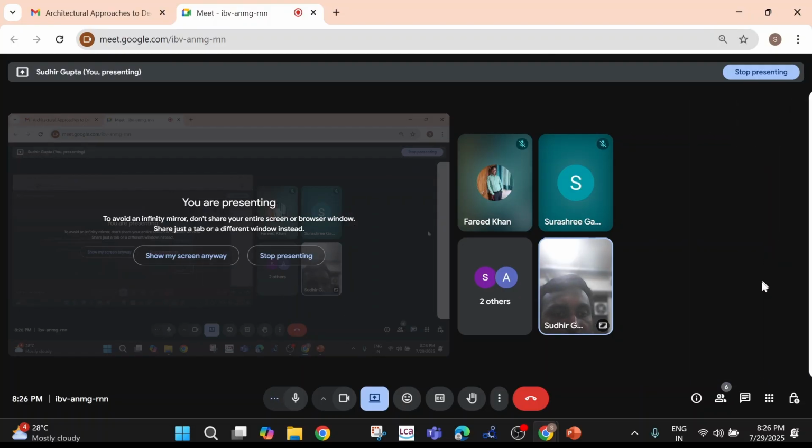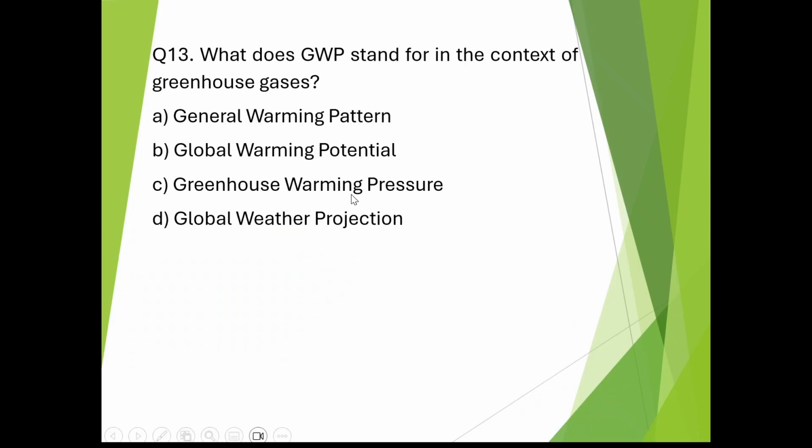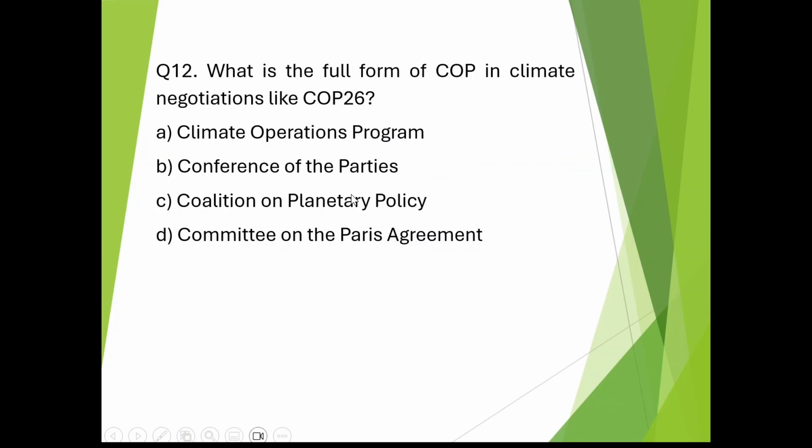Okay, so now I can understand you all have already answered this question, and this COP means conference of parties. Both of you are correct. It is option B, and this refers to the supreme decision making body of UNFCCC.